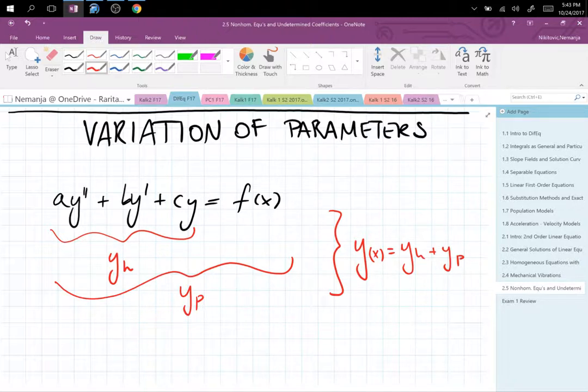Remember that whatever formula I put up, that's only for yp. Your y homogeneous is still whatever we learned earlier with constant coefficients and can have any of the flavors that you get over there.